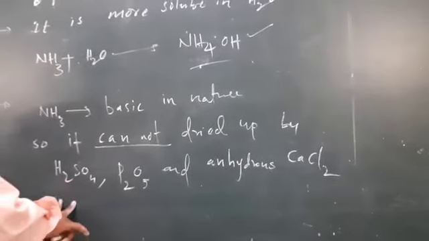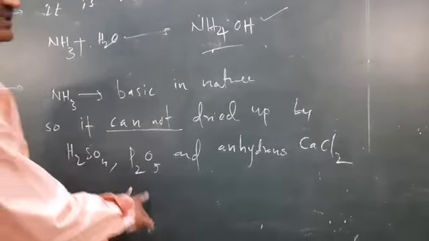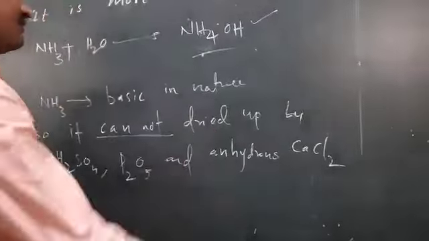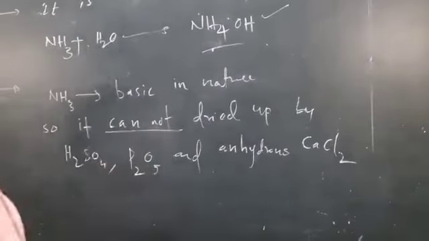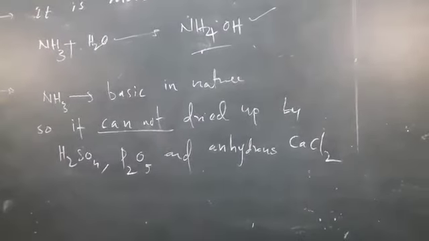Sulfuric acid is acidic, P2O5 is an acidic oxide, and with these it cannot be dried because it reacts with them.